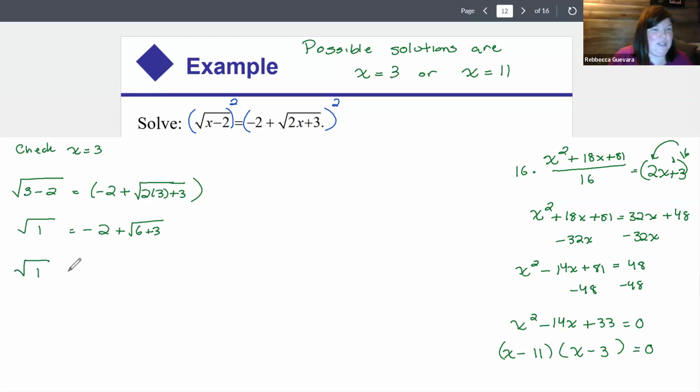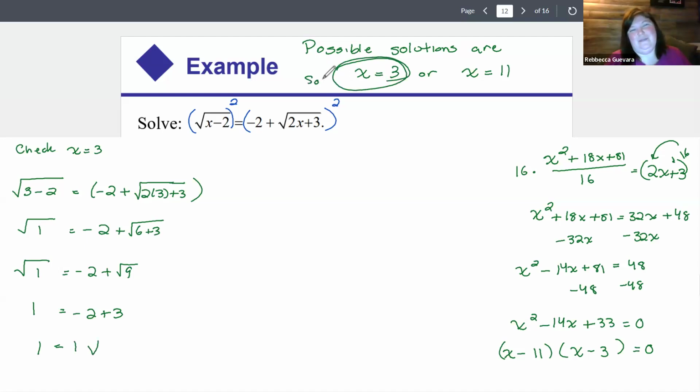So we're going to have 1 equals negative 2 plus the square root of 9. The square root of 1 we know is 1. Negative 2 plus 3 equals 1. Yes, that works. This is a solution.